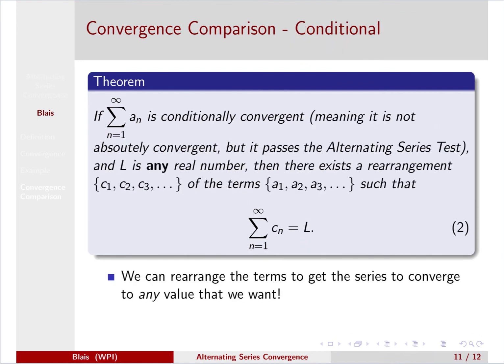The weaker type of convergence, conditional convergence, is kind of weird. And that's very well illustrated by this theorem.